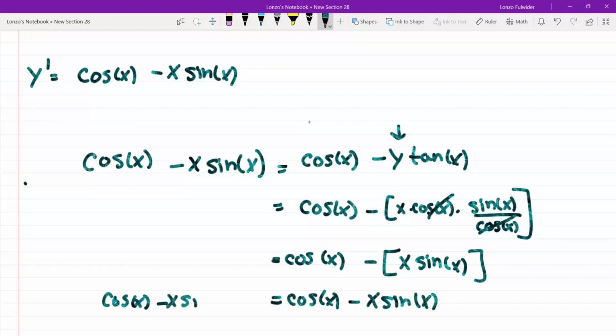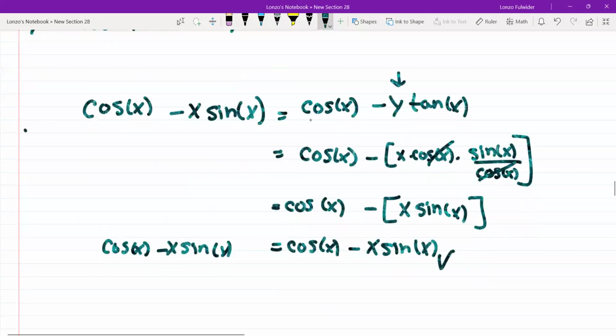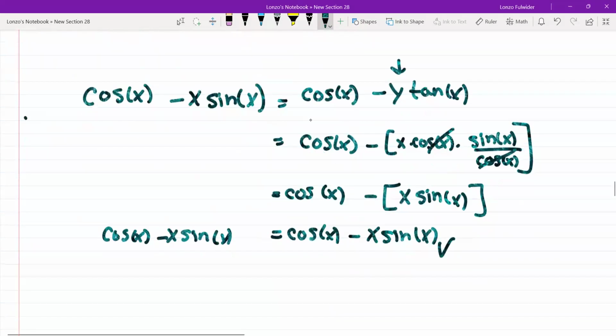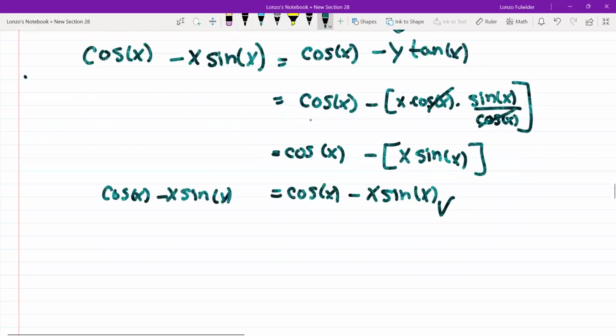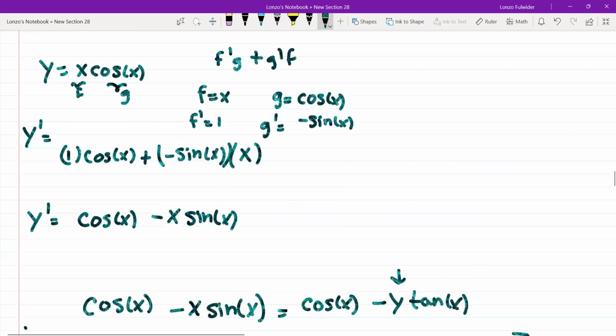Okay, so now we just verified it. The left equals the right, so we just verified it. Okay, so we did that one.